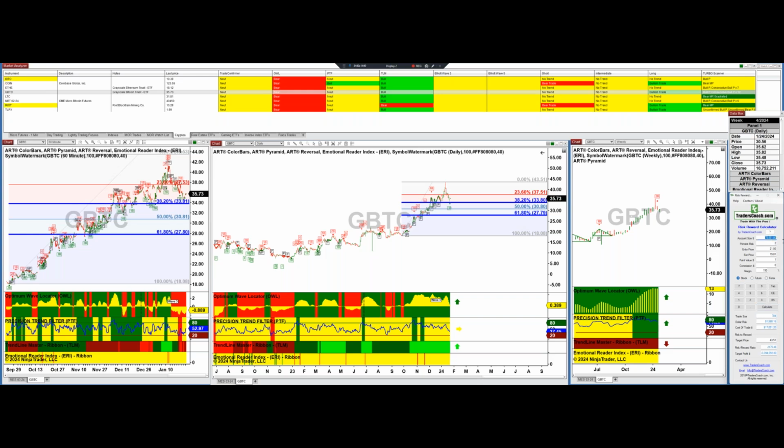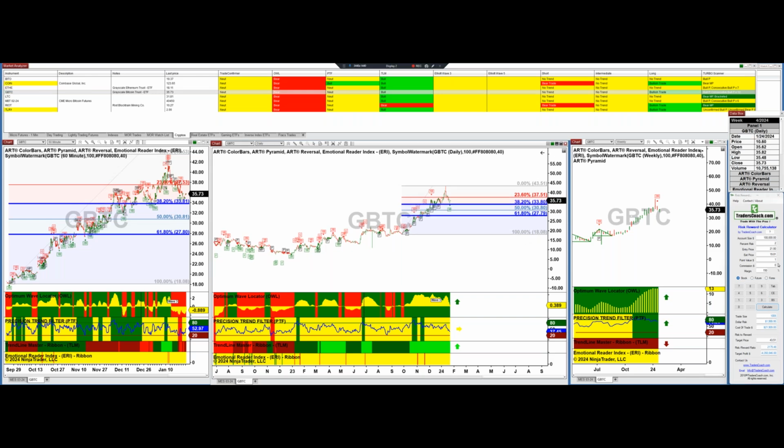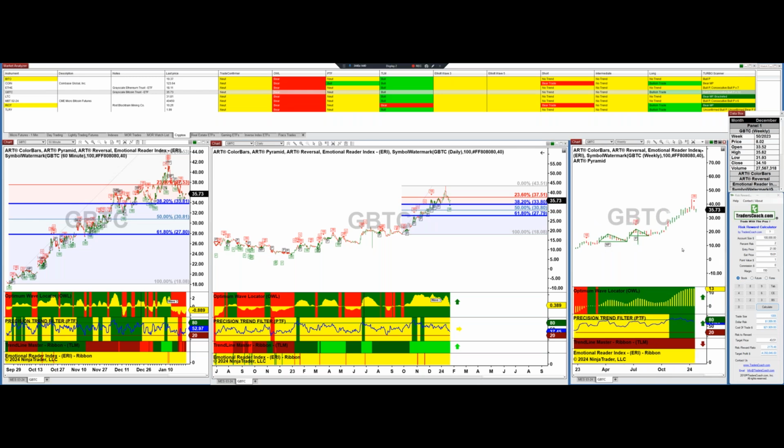Oh, let's put 100 grand back in here because that was the original starting point. Calculate that. Yeah, so that's pretty significant. Okay, so any questions on that?